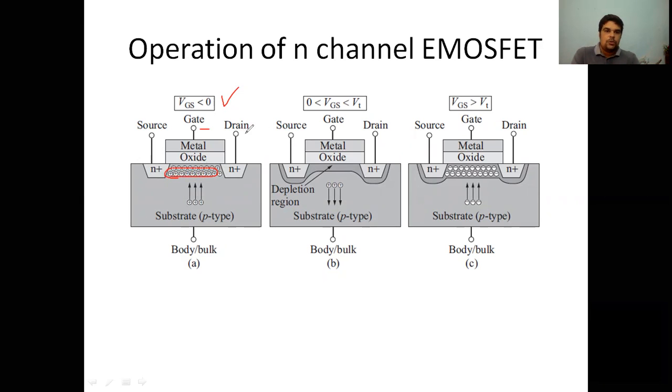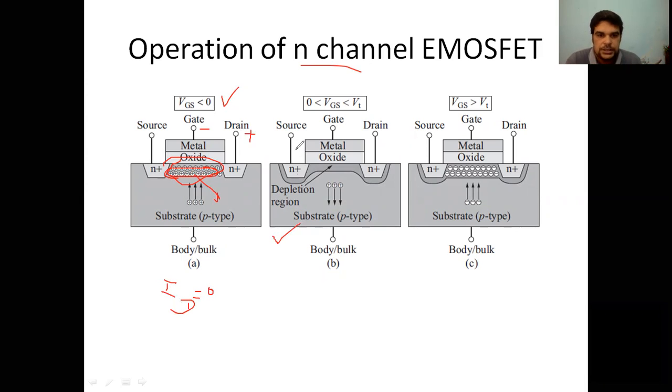Whatever voltage you are applying here, because this is an N-channel enhancement MOSFET, you need to have an N-channel here. But there are holes, so no current will be drawn. So in this case, drain current will be 0.